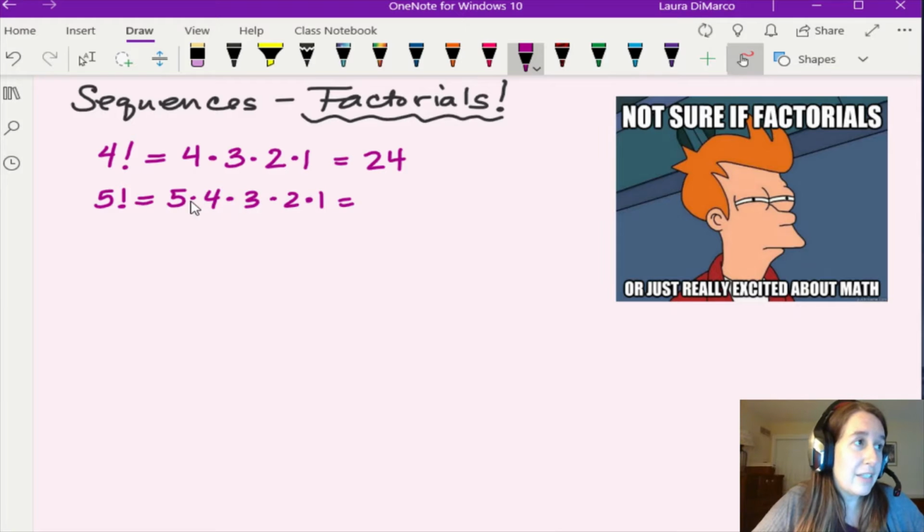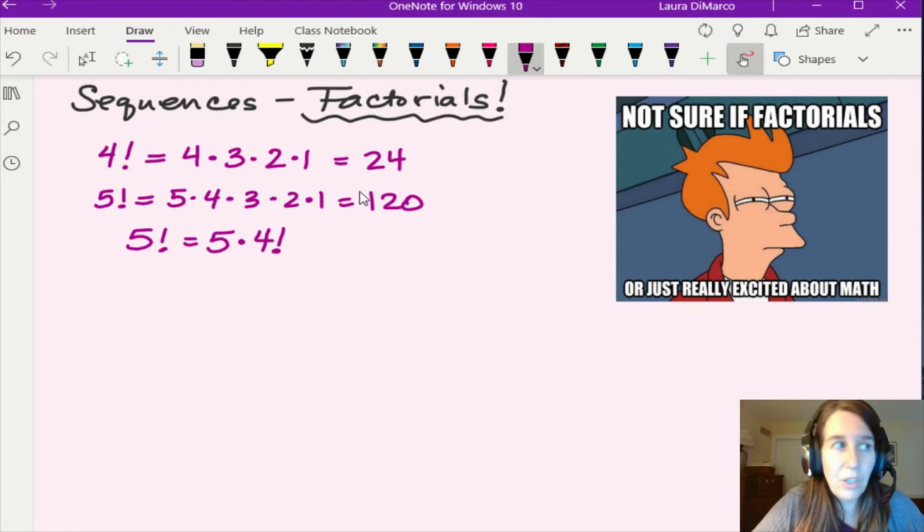So that's 20 times 6, 120. But another way to think about 5 factorial is, if you know 4 factorial, it's actually just 5 times 4 factorial. In other words, 5 times 24, which is equal to 120.